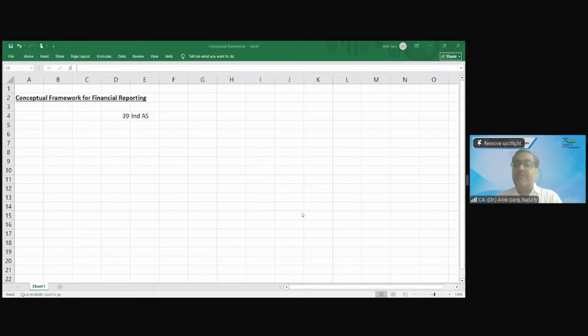So friends, the purpose of the conceptual framework for financial reporting is threefold. Number one, it is used for drafting or preparation of Indian accounting standards. Number two, it provides clarity on the interpretation of the Indian accounting standards.